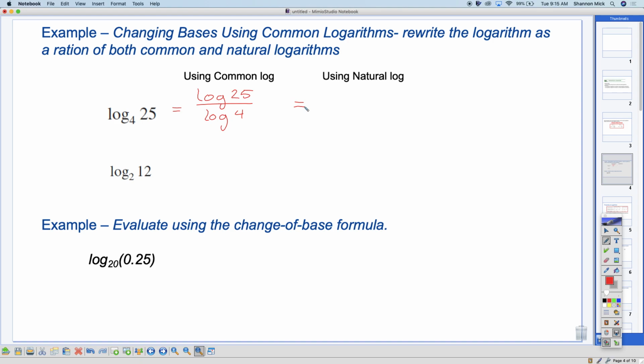Base e. So the natural log of 25 over the natural log of 4. So it doesn't matter which one. I think on your assignment, the first couple say to use both because that's all you're doing. So since we can't use our calculators on a test, that's all we would have to write. Yep.